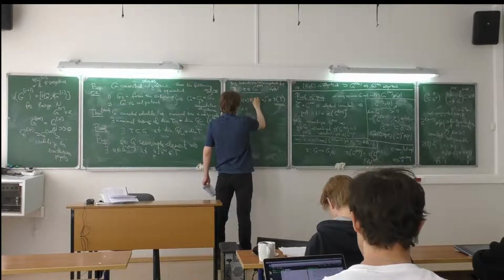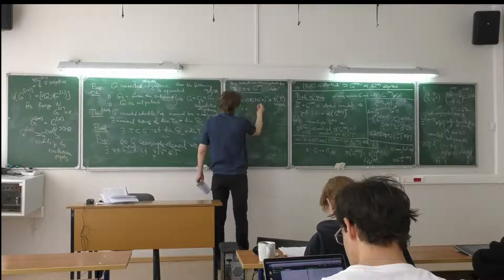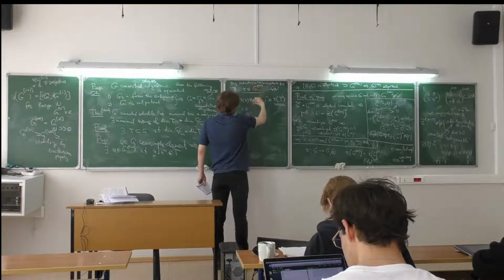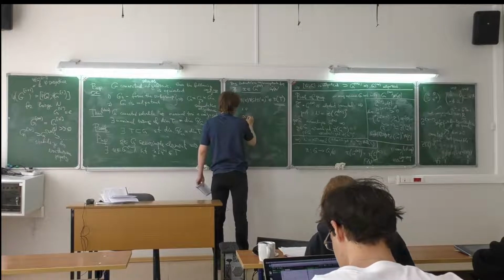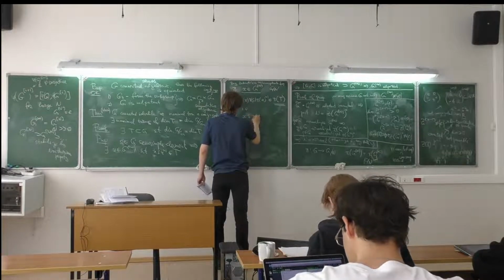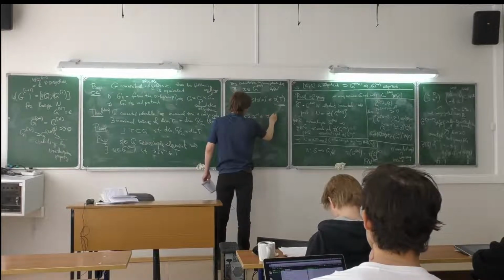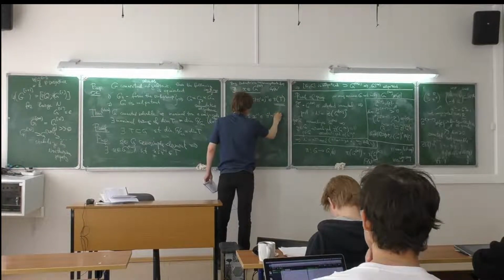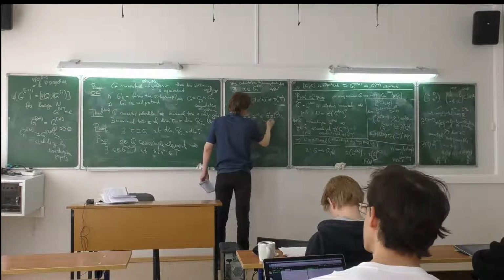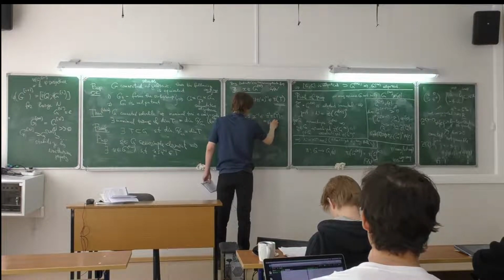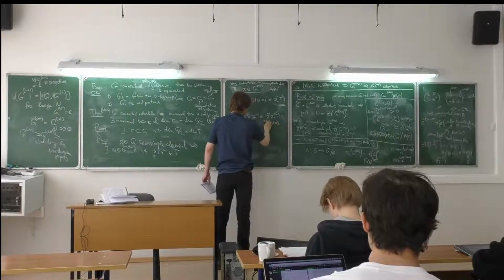So here it is pi of S. This means that if you take the pre-image of these elements, X S X inverse will be inside the pre-image of pi of T. So it is kernel of pi times T, which is just T times n.